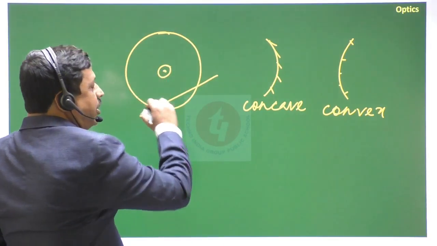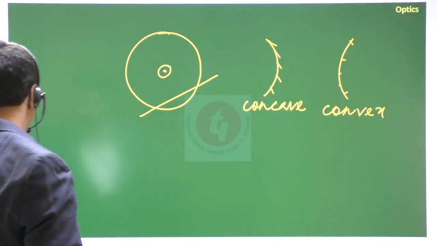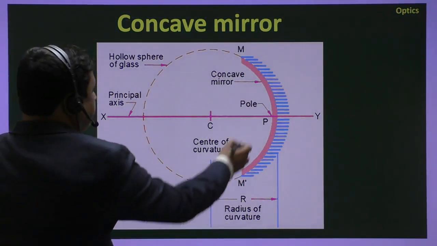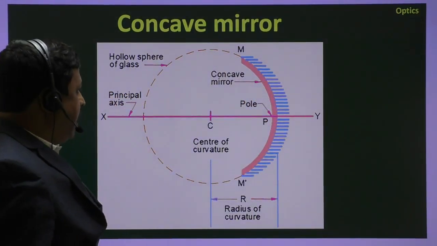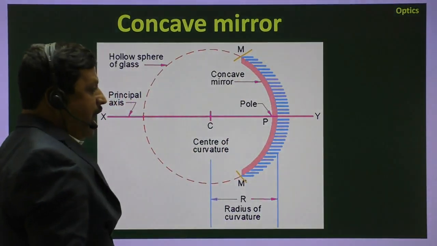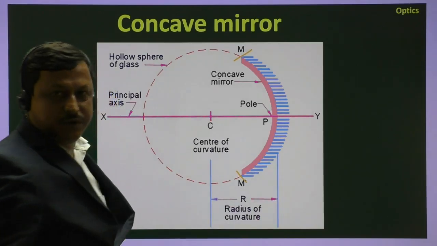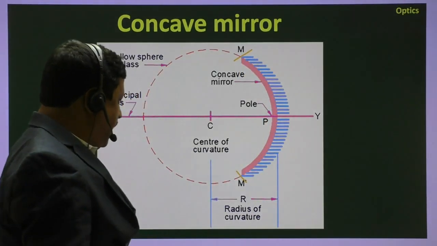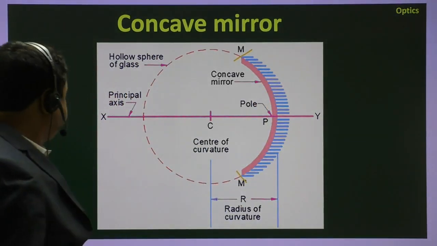Look at this figure: this is a hollow glass sphere, and we cut this portion and polish the surface which is outside the sphere, and this is called concave mirror.